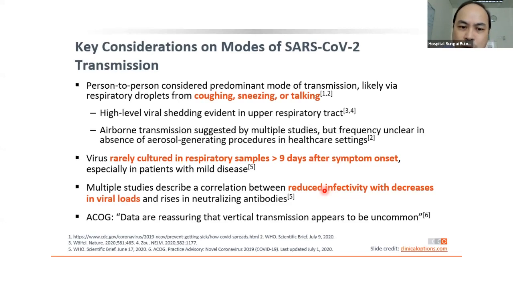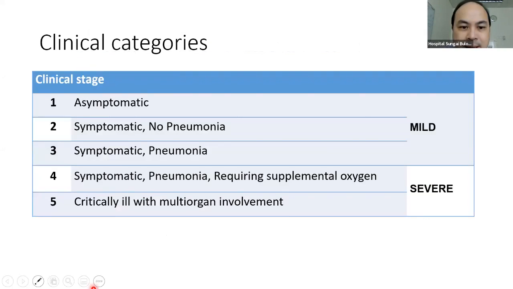There's also a lot of noise about aerosol spread. Do I have a slide on that? No, I don't.